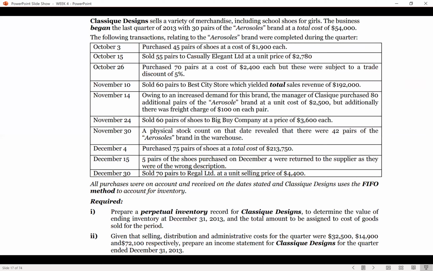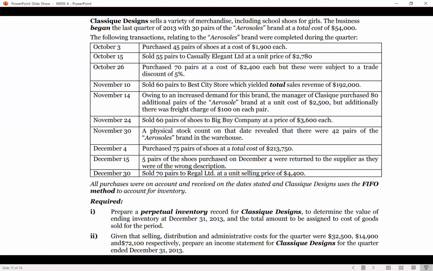Let's look at October 26. So October 26 says we purchased 70 pairs at a cost of $2,400 each, but these were subject to a trade discount of 5%. What does that mean? Well, what it means is you got a discount, right?